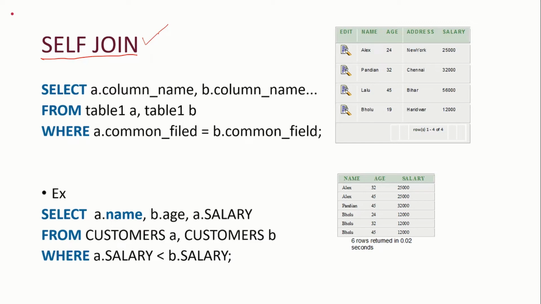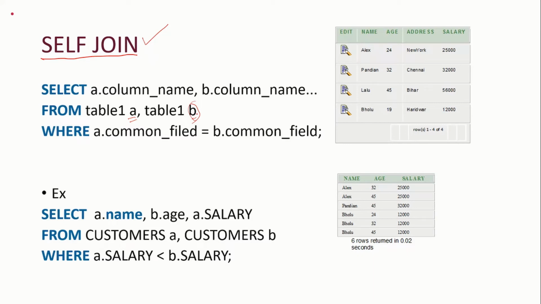For that purpose we have to create names like A and B, or we can say alias. For that table, the first alias is A, the second alias is B, or the copy A and copy B of the one table.